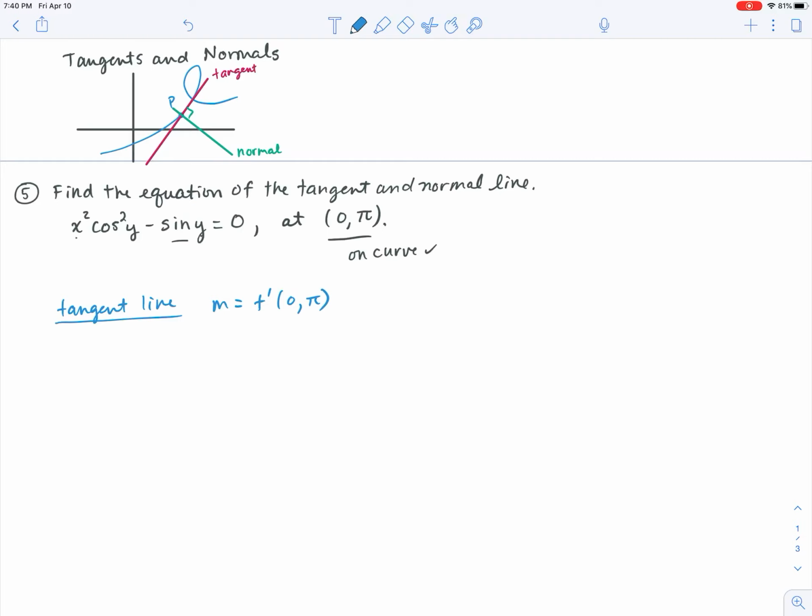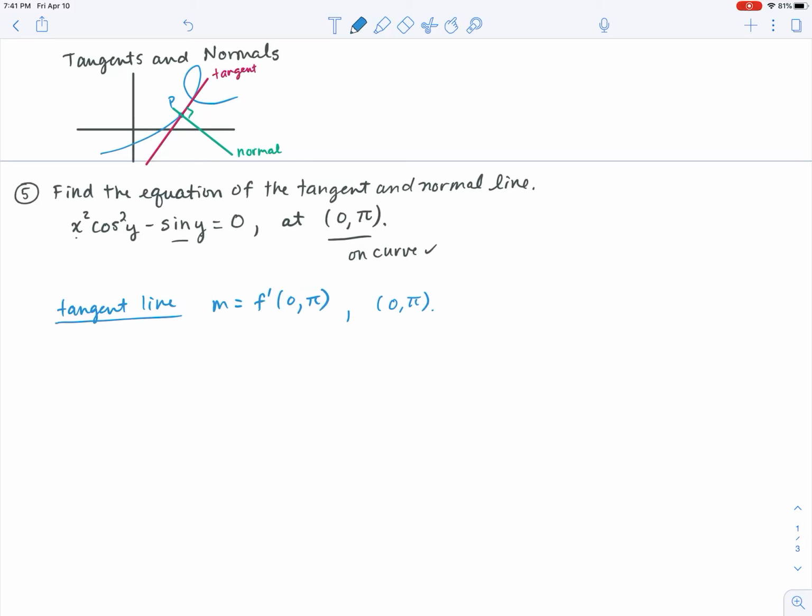We're going to have two variables. And then the point is going to be (0, pi). When we finish finding the derivative and evaluating it at that point, we're going to use point-slope form with this point. So let's find the derivative.